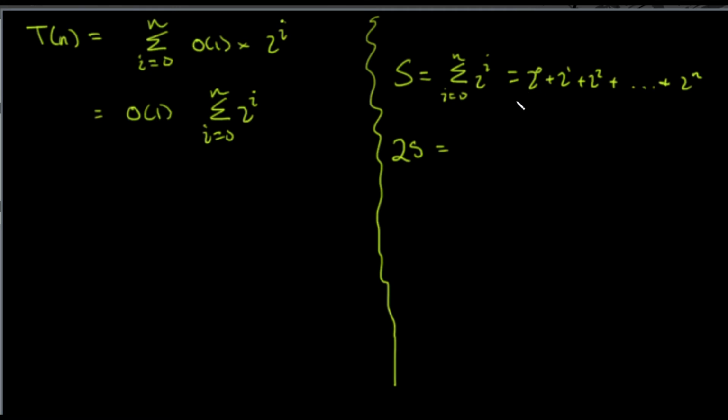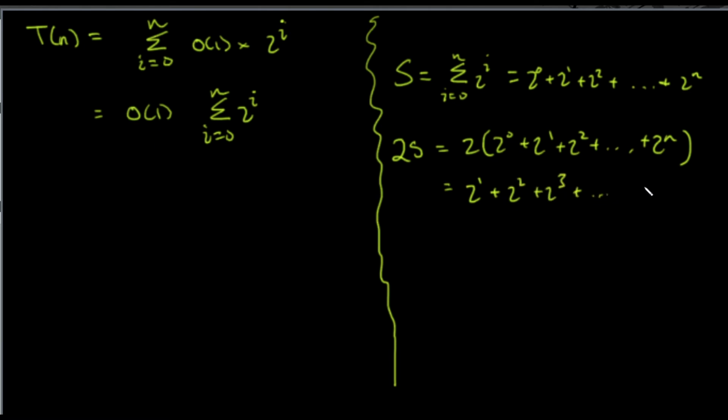If we factor in the 2, that's just equal to 2 to the 1 plus 2 to the 2 plus 2 to the 3 all the way down to 2 to the n plus 1. What I did was I just multiplied this 2 into each of the terms in this sum right here.